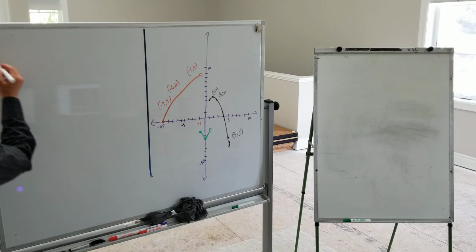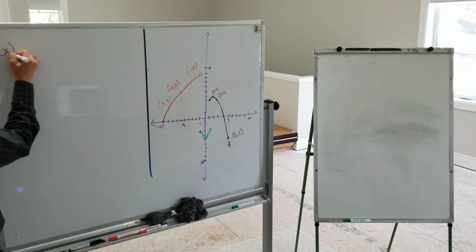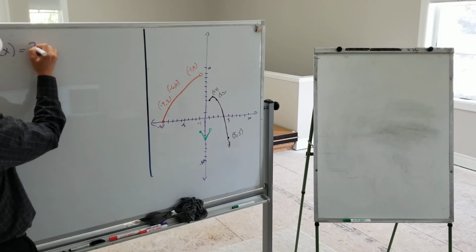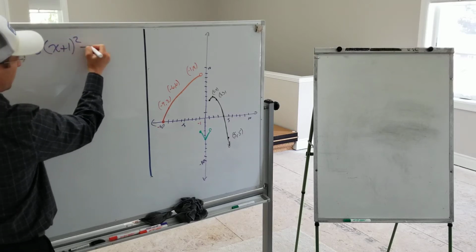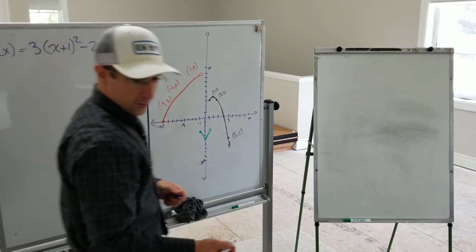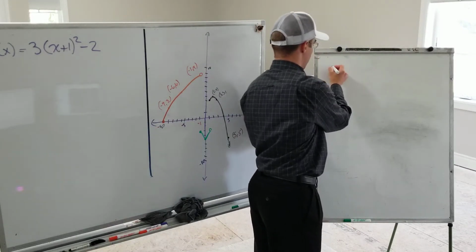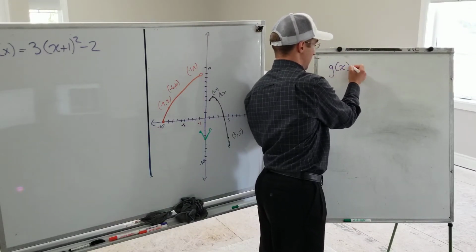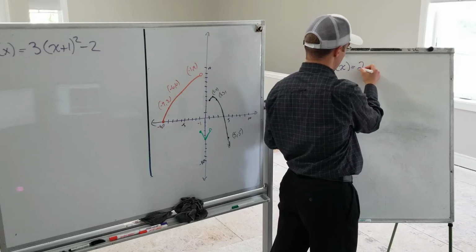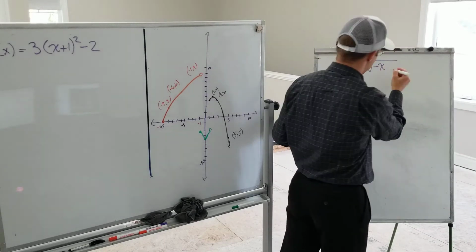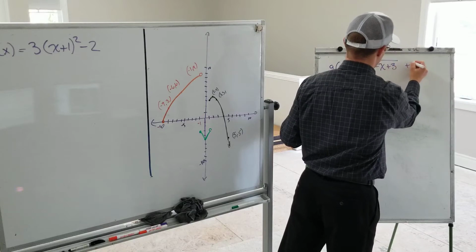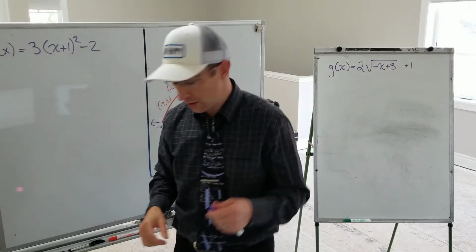All right, so the first one is g of x equals 3 times (x plus 1) squared minus 2. The next one is g of x equals 2 times the square root of (-x plus 3) plus 1.